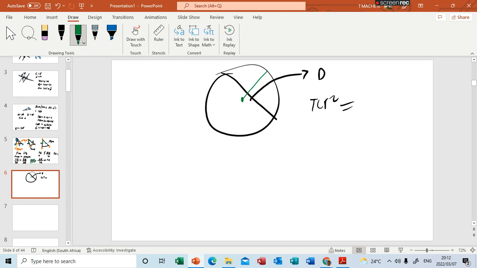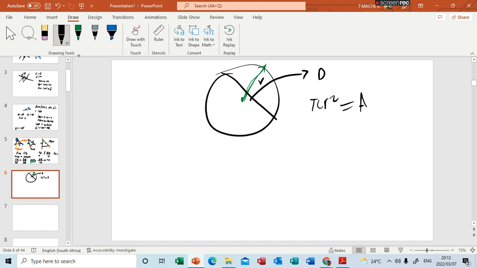So if let's say your radius, you know a radius is from here to here. So that's your radius. That's how you find it. Radius, this is your r. If you need to find the area of a circle, that's how you do it.